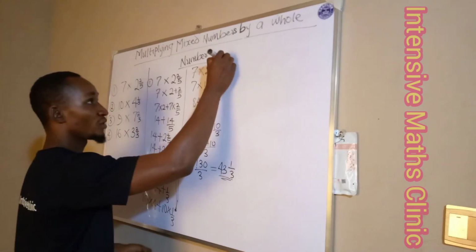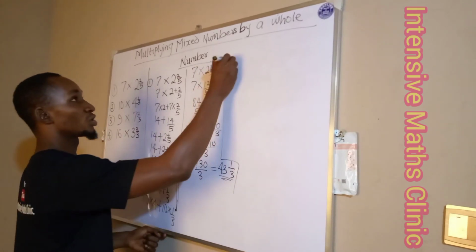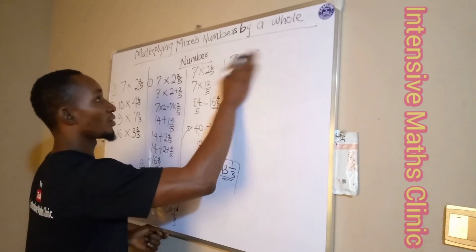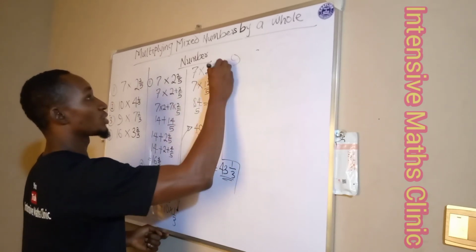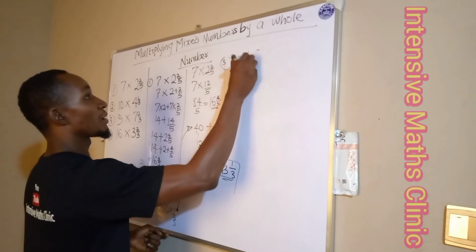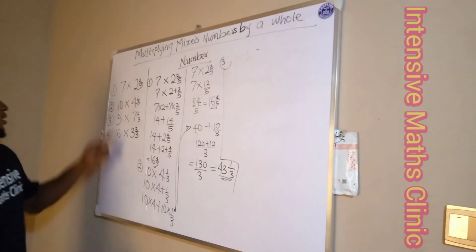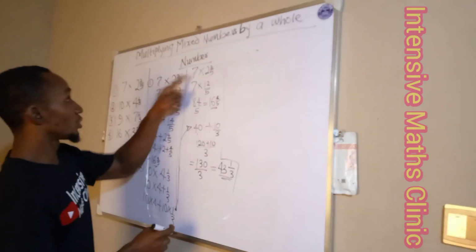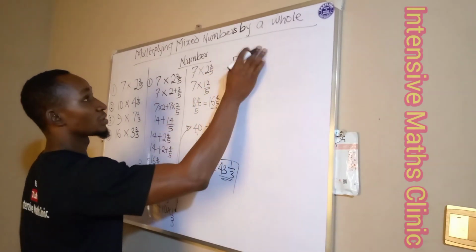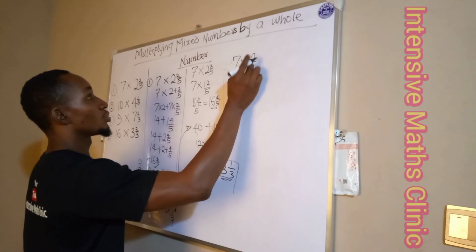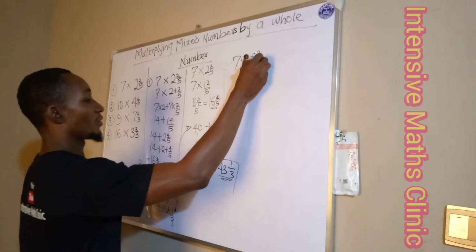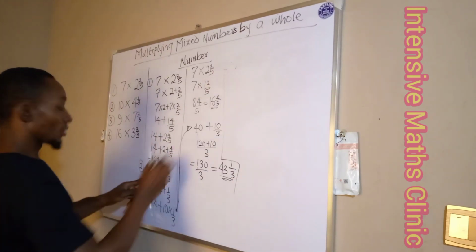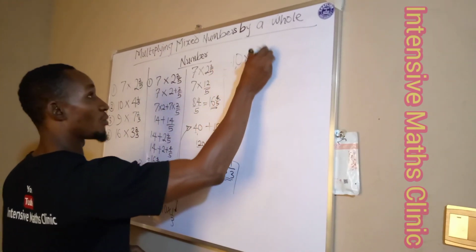We can equally solve it in this manner, which is short and brief. 10 times 4 whole over 1 over 3.